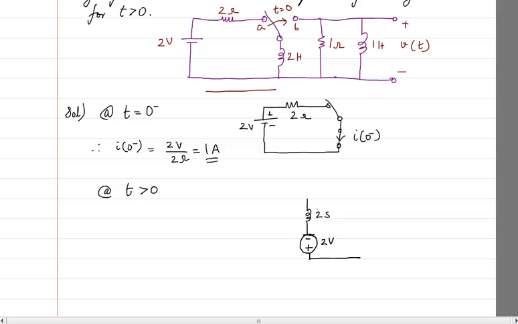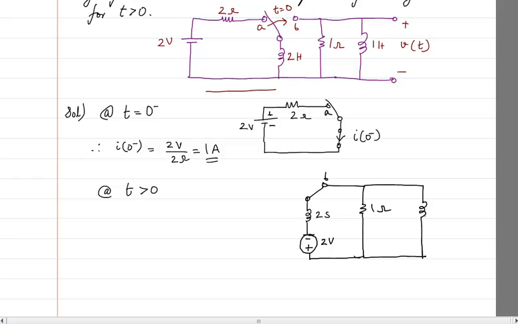Okay. And then the remaining part of the circuit, this is connected to B. The switch position is now B, this was A, this is B, and that is connected to a 1 ohm resistor and an inductor.